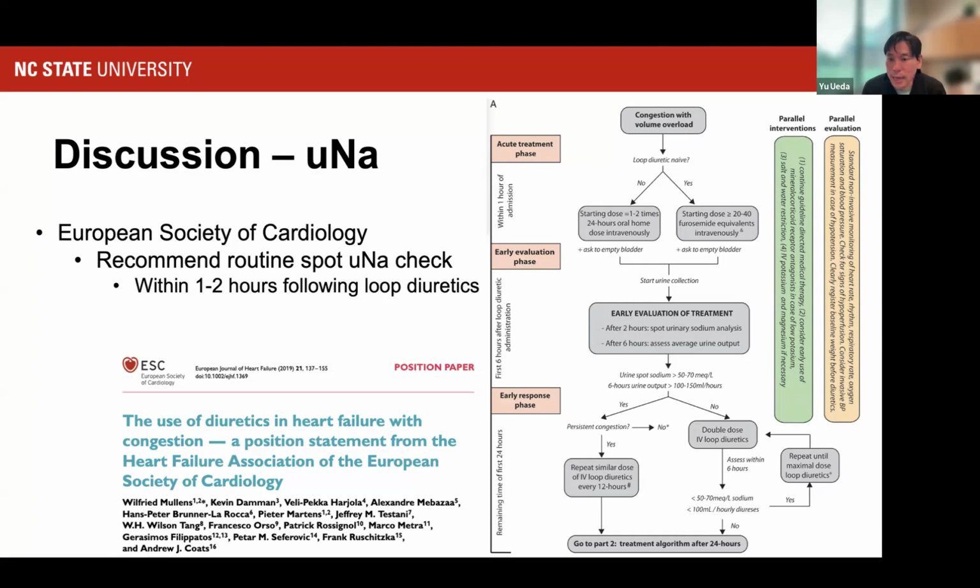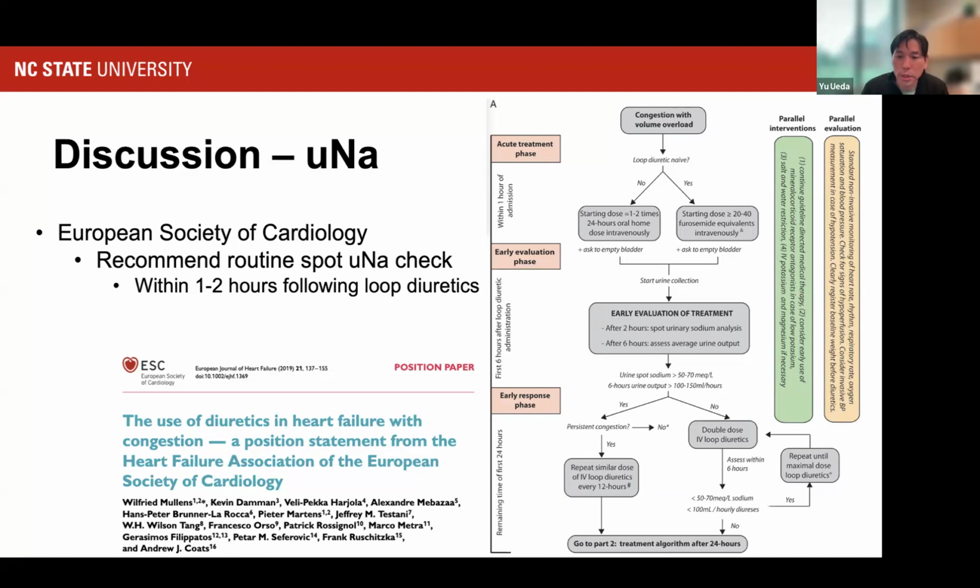And as you can see in this algorithm flow chart of the treatment and diagnostics of congestive heart failure in human patients, you can see the spot check of the urine sodium concentration in the middle of this flow chart. When they have patients with congestive heart failure, they of course start with furosemide or diuretics. And after the administration of diuretics, like furosemide, loop diuretics, they recommend measuring the urine sodium concentration 2 hours after the furosemide administration.